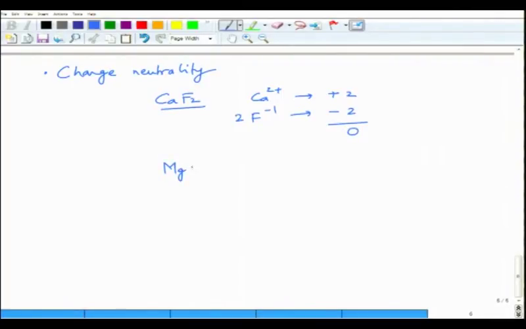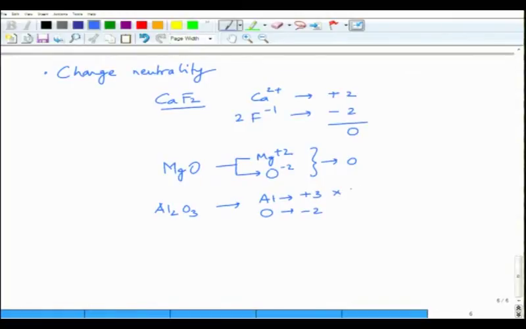Same is true about MgO, Mg is plus 2, oxygen is minus 2, net charge is equal to 0. And other examples are TiO2, and Al2O3, for example, where Al is plus 3, oxygen is minus 2. So, plus 3 into 2 is plus 6, minus 2 into 3 is minus 6, net is equal to 0. So, this is electrical neutrality, the net charge in the structure should be equal to 0.